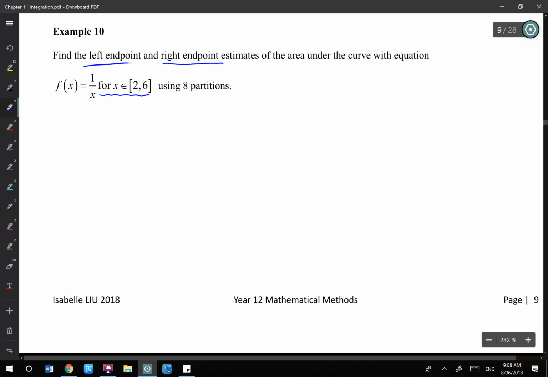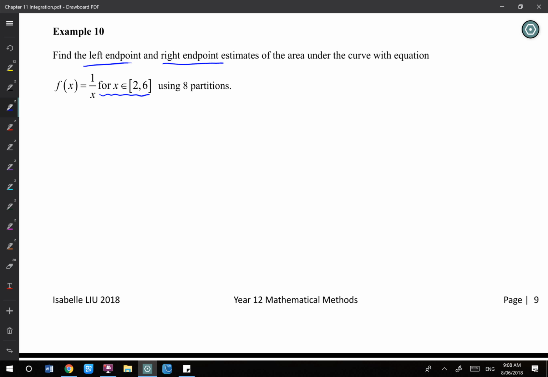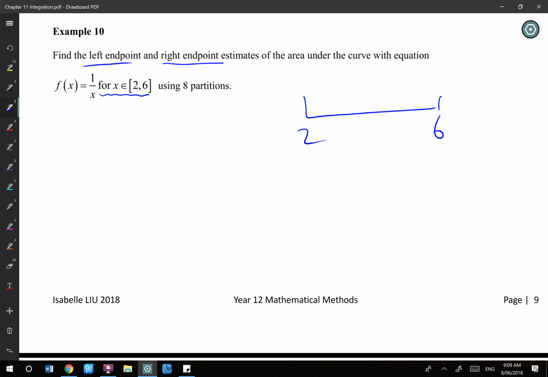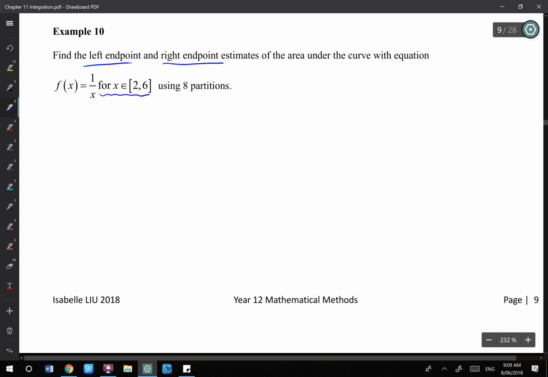How many units are there, what's the length from 2 to 6? 2 to 3, 3 to 4, 4 to 5, 5 to 6. That's 4.